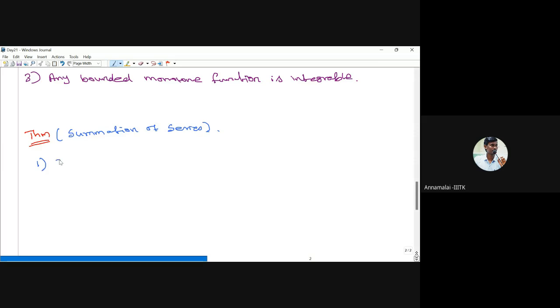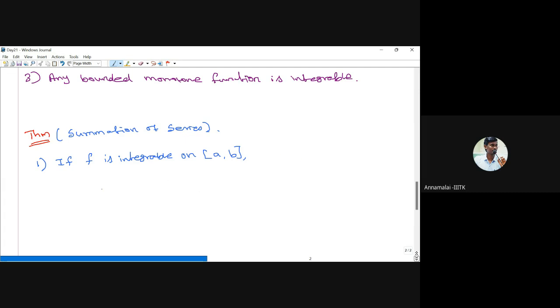Suppose f is Riemann integrable on the closed interval [a, b].